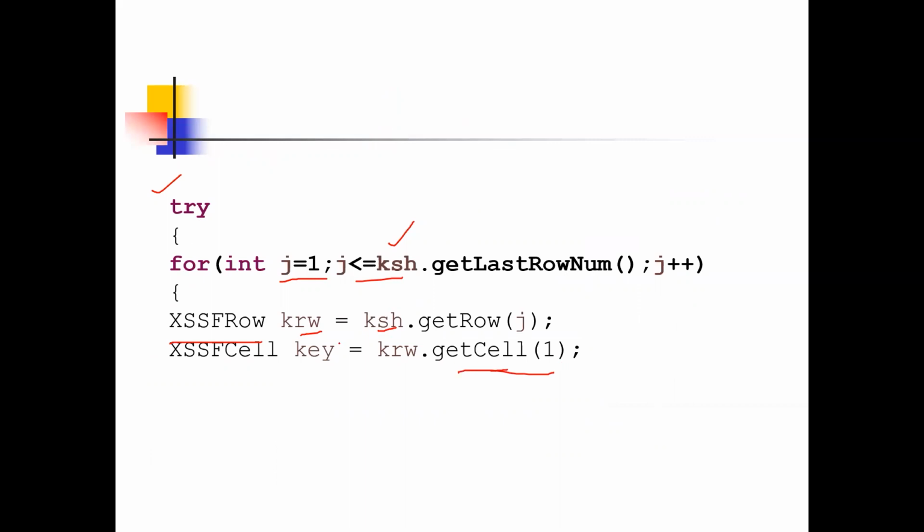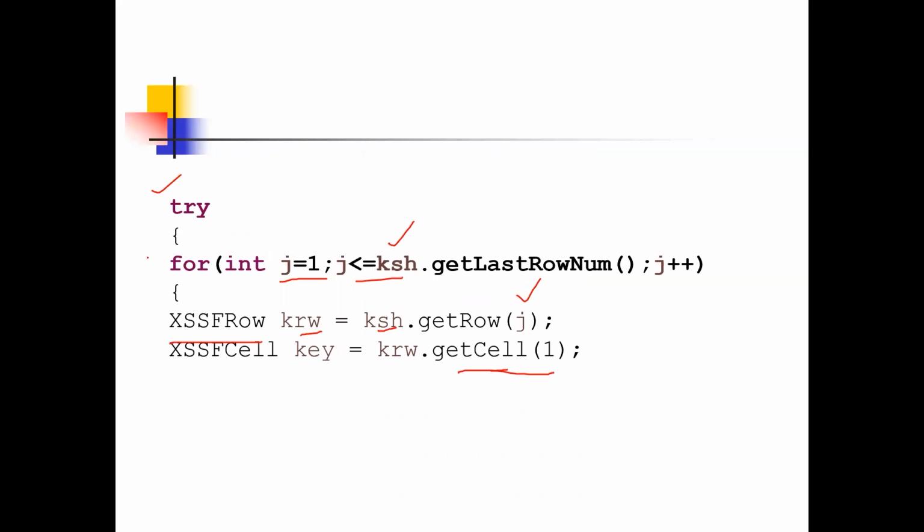Here we are only reading the keywords. We are not dealing with create, and we are not writing any result, so only get cell. For every row j, the rows are changing: row 1, column 1, row 2, column 1, row 3, column 1, with different keywords. It is the same program which we did in the last lecture for the keyword driven framework.